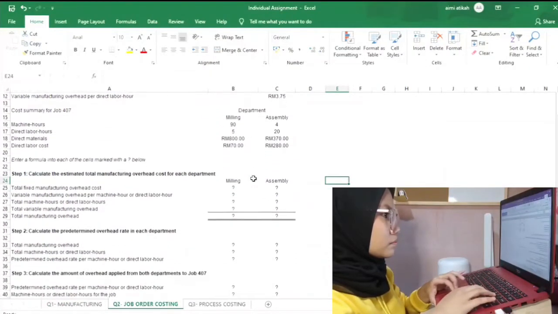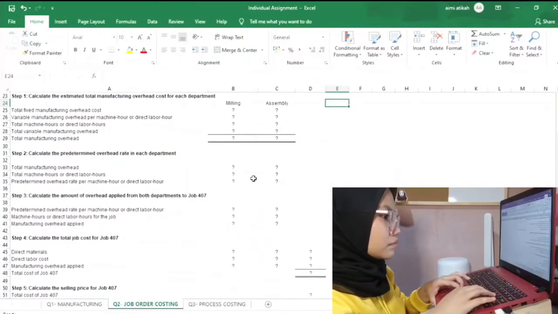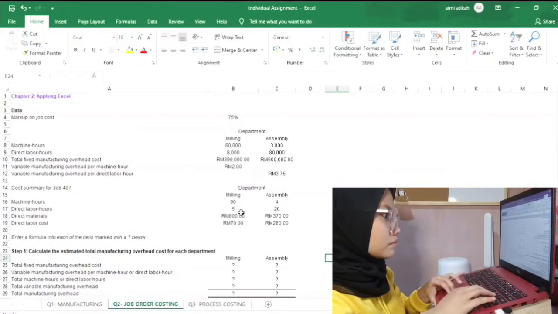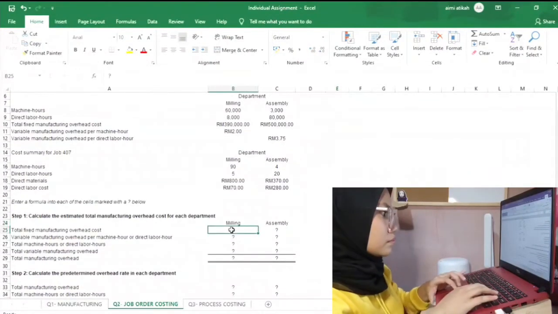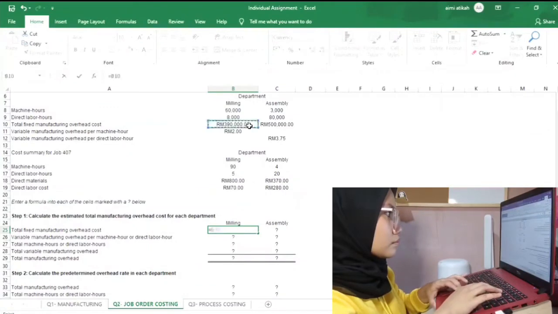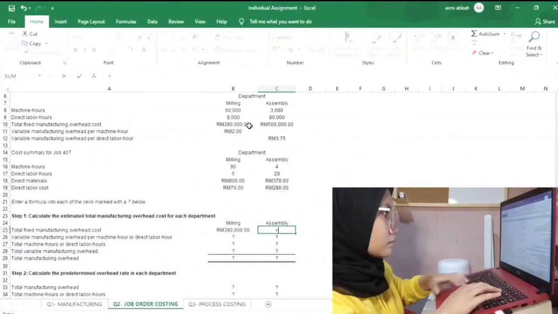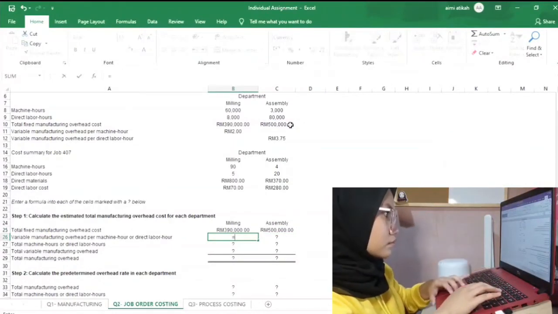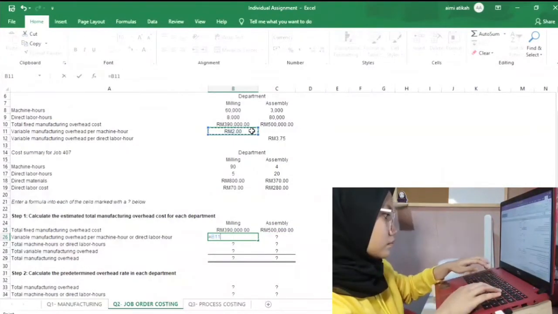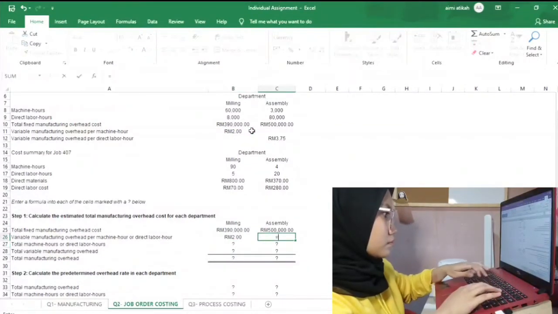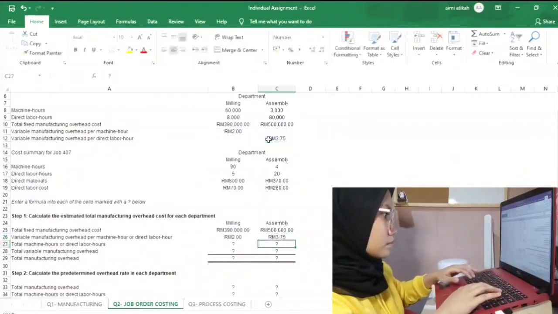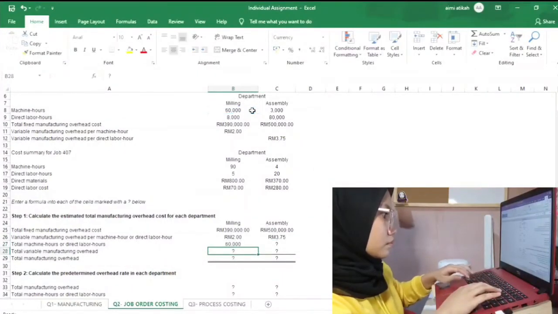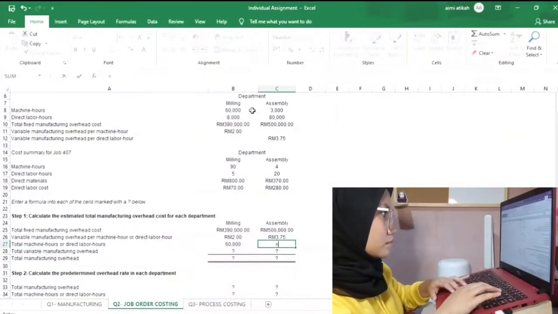For question 2, I will observe the information given first. And for step 1, for milling, I will take the amount of total fixed manufacturing overhead cost, and assembly total fixed manufacturing overhead cost. And then variable manufacturing overhead per machine hour for milling, and variable manufacturing overhead per direct labor hour for assembly.